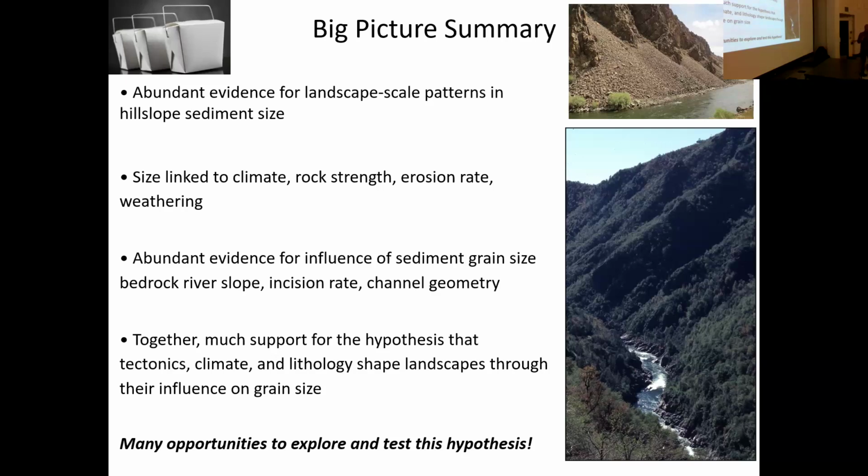Together, this supports the hypothesis that a key way that tectonics, lithology and climate shape landscapes is through the particles they produce, the size of those particles, how mobile they are and how they evolve. There's much more to be done here, and I'd love to talk to you all about it.